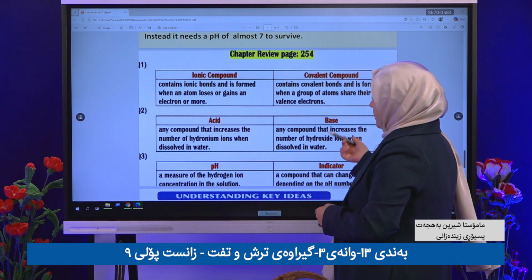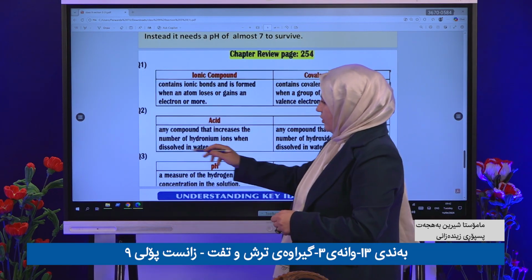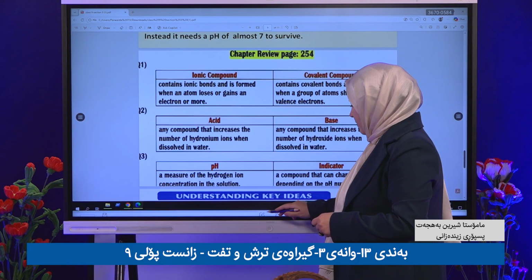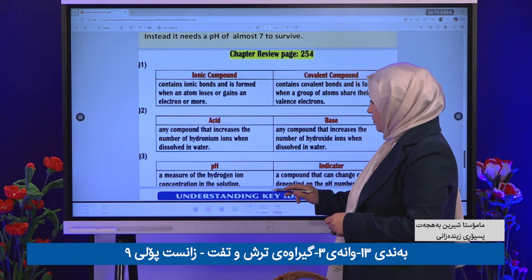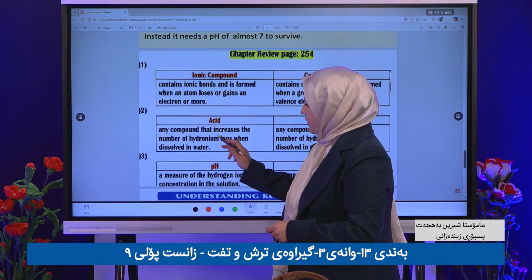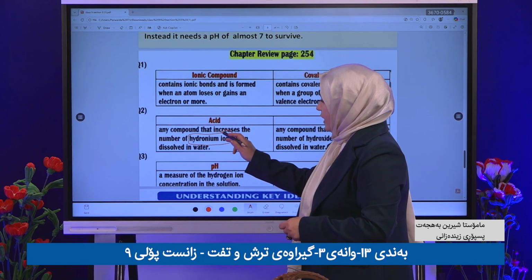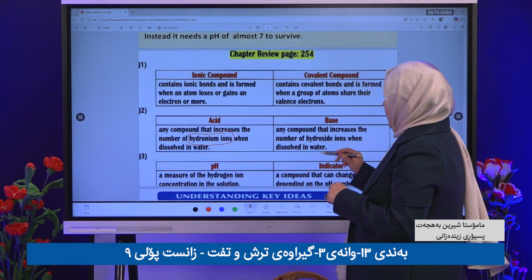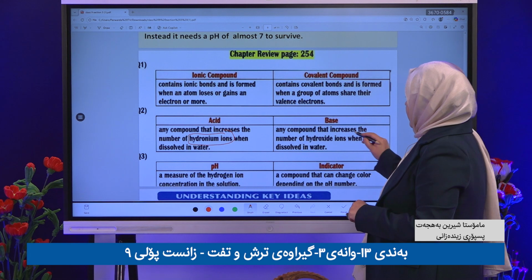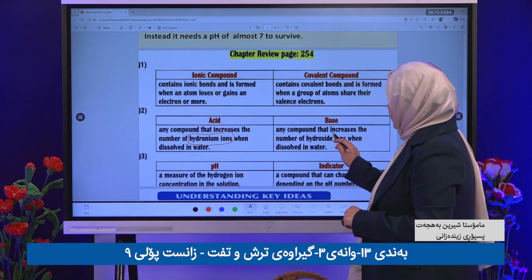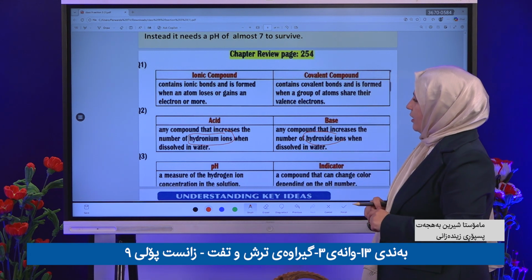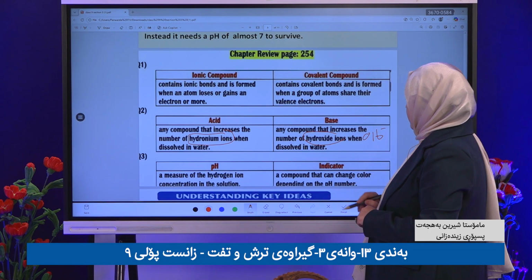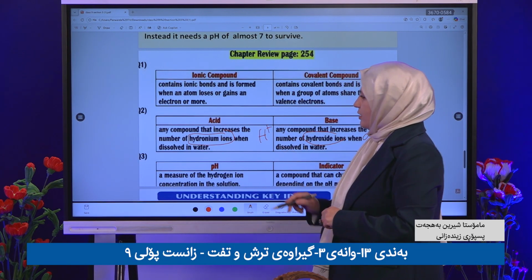And acids and bases, as we talked about: an acid is a compound that increases the number of hydronium ions when dissolved in water. Be careful. But a base is a compound that increases the number of hydroxide ions. Clear? Which is OH negative and H positive.